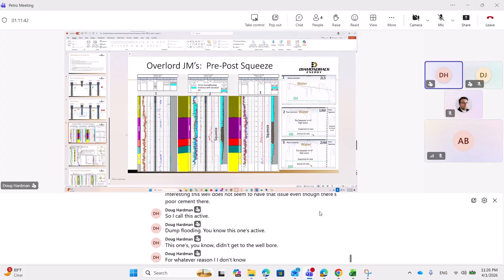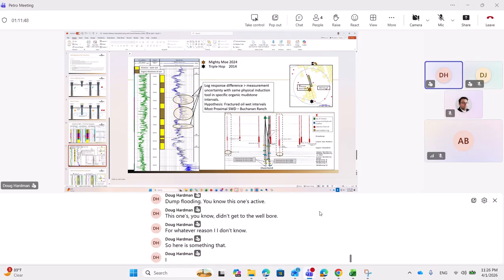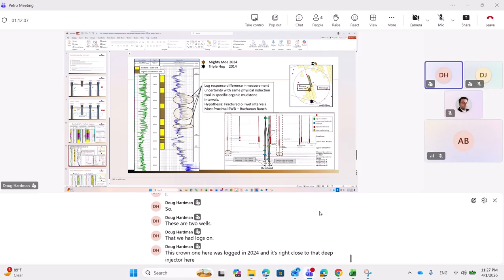I don't know. So here is something else. These are two wells that we had logs on. This brown one here was logged in 2024, and it's right close to that deep injector here.